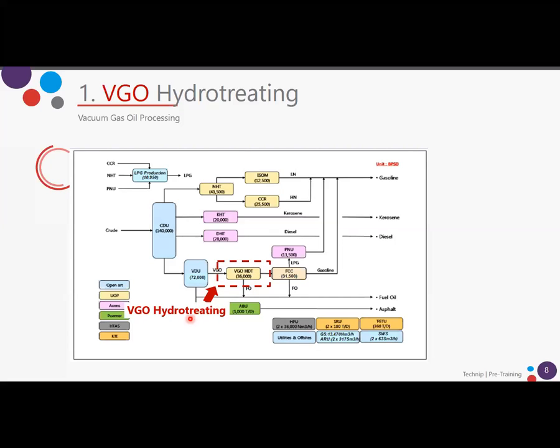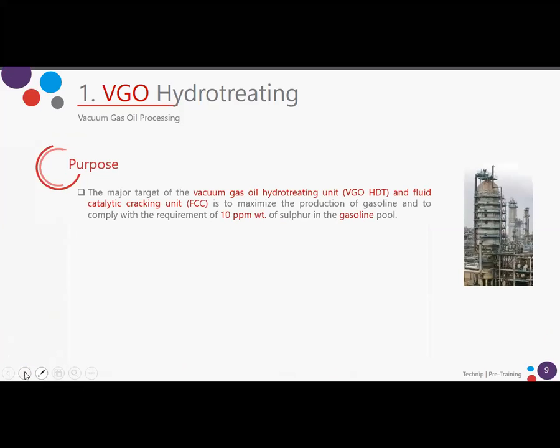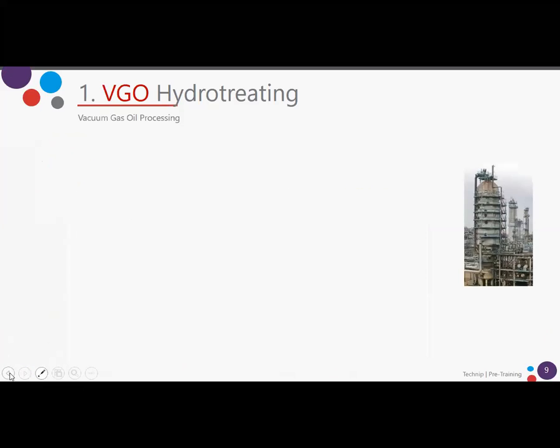Now we will see why we need this hydrotreating. You can imagine the purpose of the unit because it is very similar to the other hydrotreating unit that we have seen. Let me go back again.